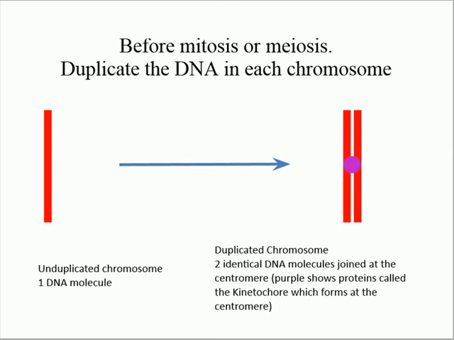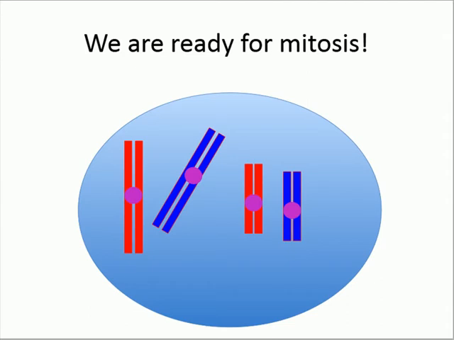All right, so let's pretend that we've made our duplicated chromosomes and we're ready for mitosis. And so here in this example, I have a cell that just has 4 chromosomes, 2 big ones and 2 smaller ones. Each one has 2 DNA molecules, so we have a total of 4 times 2 DNA, or 8 DNA molecules represented here in this particular cell.